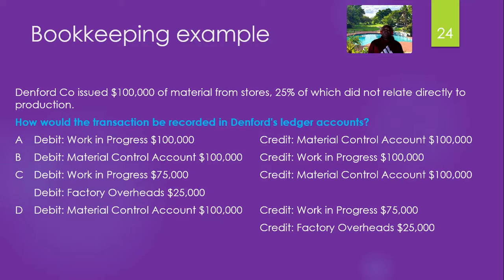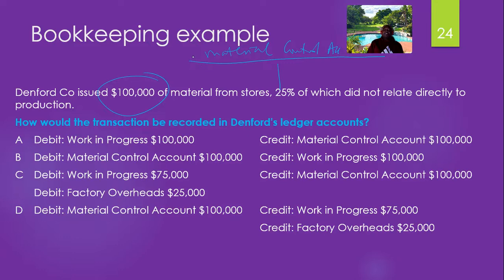So actually the stores, in essence, let us say materials control account, here it's a T account, we talked about it. So we are told that 100,000 worth of materials have been issued from the stores.